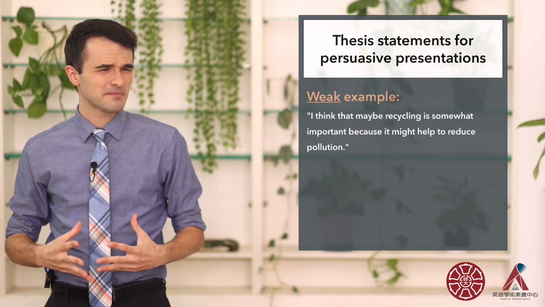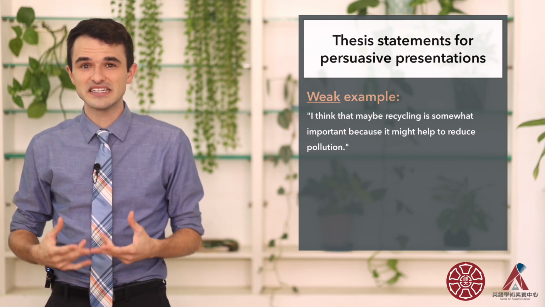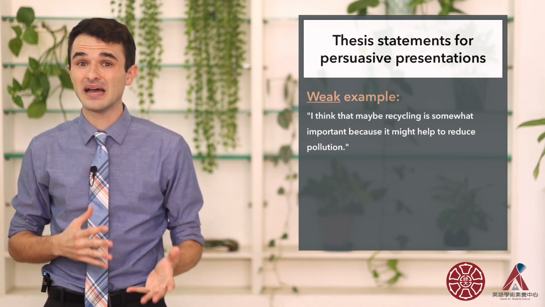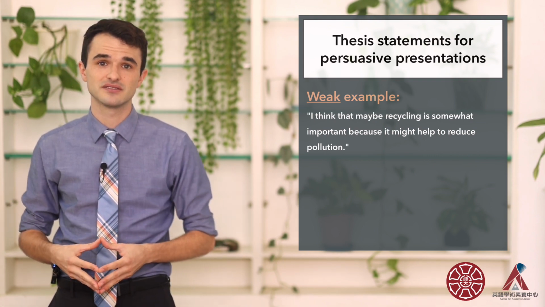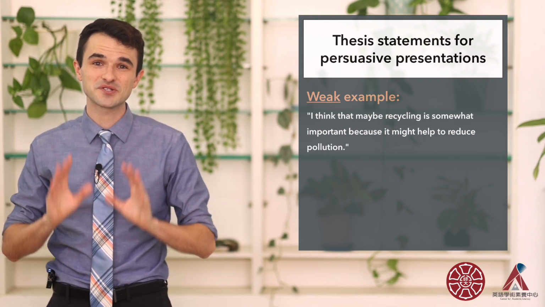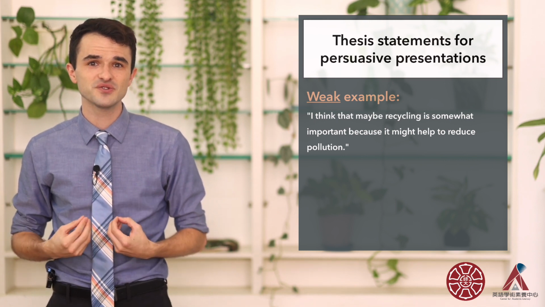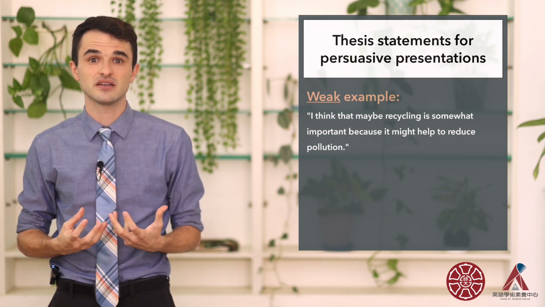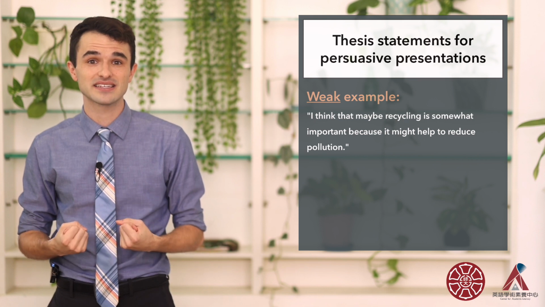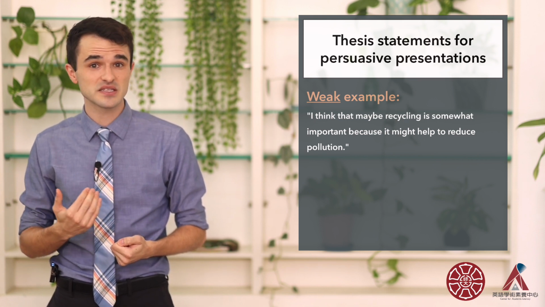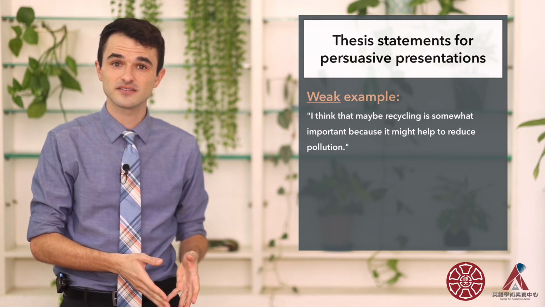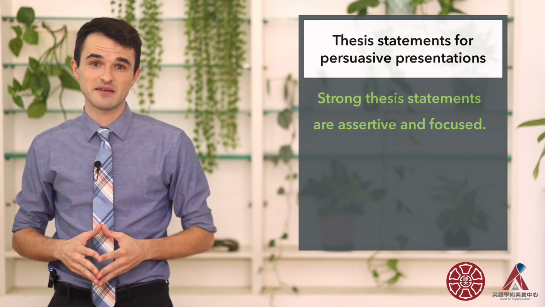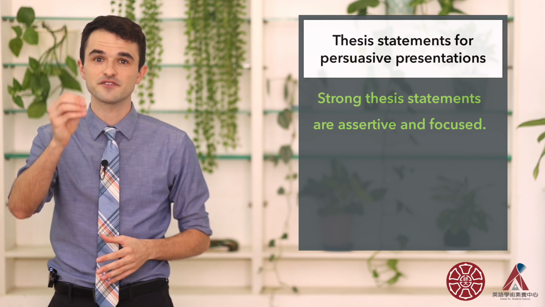I think that maybe recycling is somewhat important because it might help people to reduce pollution. In this weak, persuasive example, the presenter uses language like maybe, somewhat, and might, and does not provide specific reasons or supporting points. Strong thesis statements are assertive and focused.